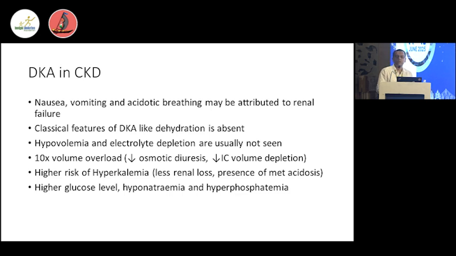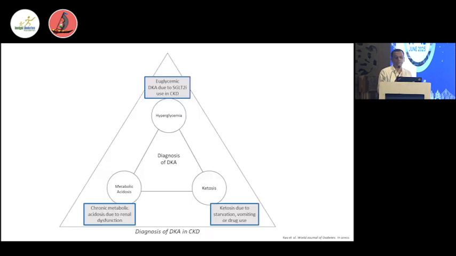The problem with this patient is from the presentation point of view also: nausea, vomiting, acidotic breathing, sometimes we think it is because of renal failure per se rather than DKA. And the classical features of DKA like dehydration are sometimes absent because there is a lack of osmotic diuresis in the patient with CKD, and that's why dehydration or volume depletion is not common. Perhaps they can present with hypervolemia.